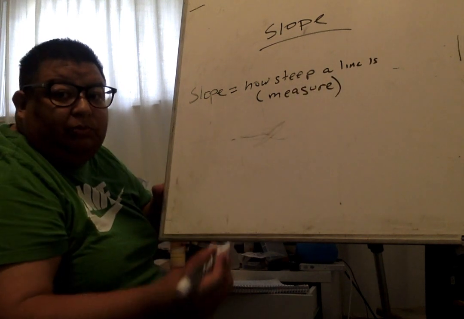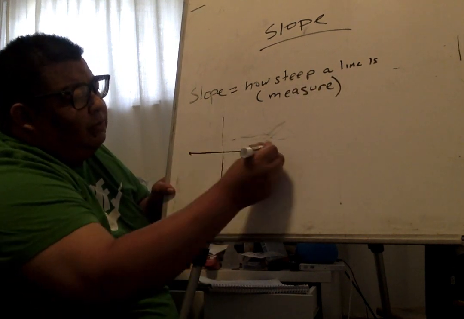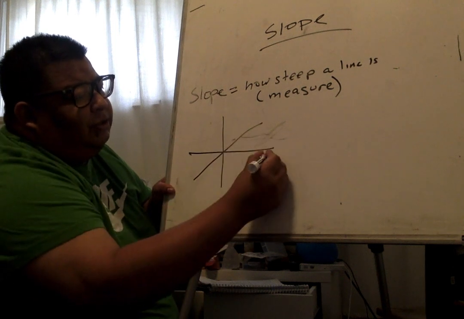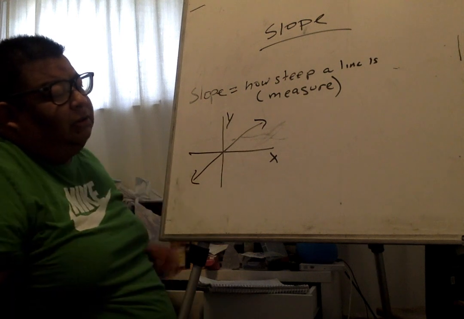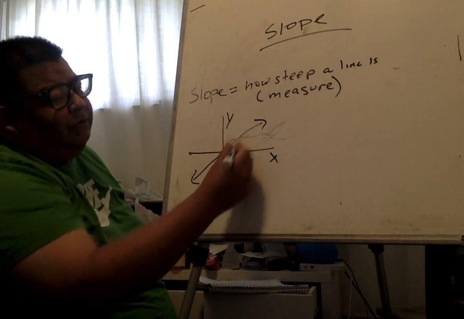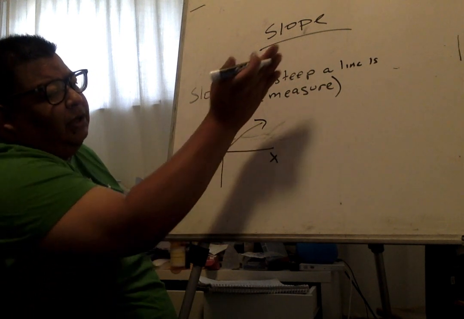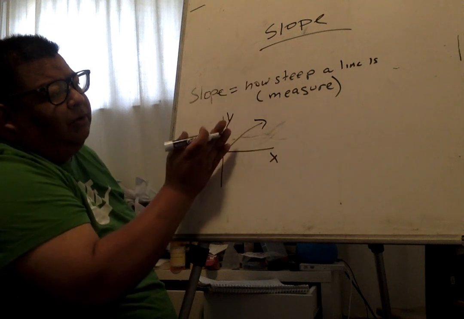For example, this is your x and y axis, so a line that goes up, this is positive slope because the line is going to the right and going up.